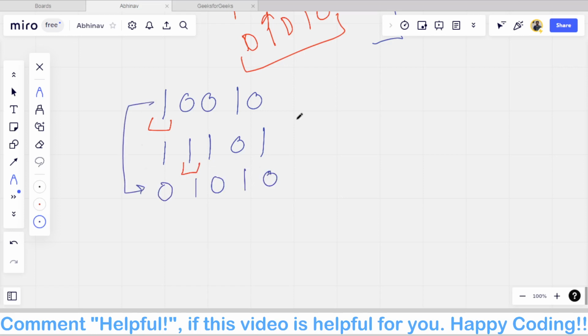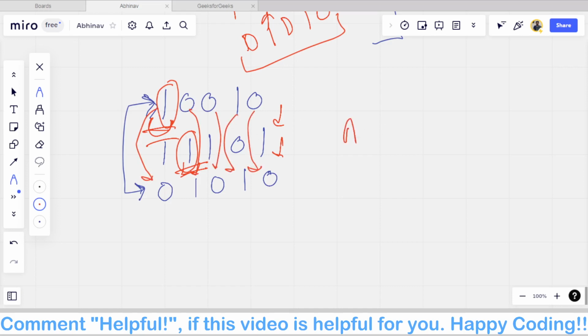What is the relation between these two results? We have taken this particular bit and this particular bit. After two moves, only these two bits are reversed. One becomes 0 here and 0 becomes 1 here. Others are as they are.